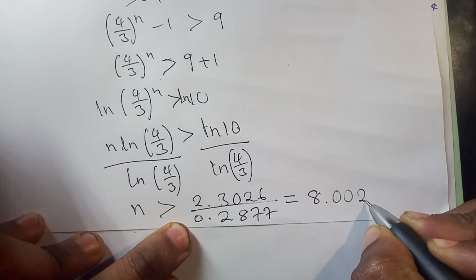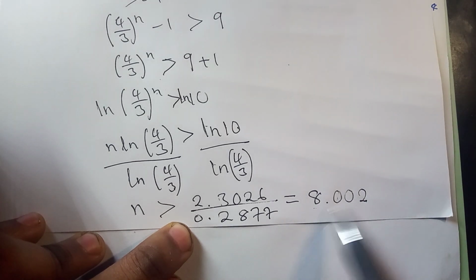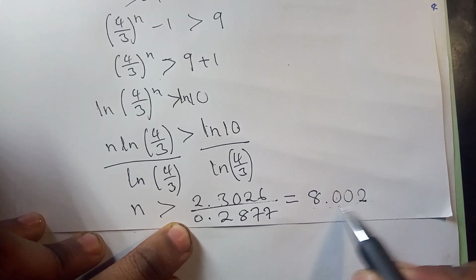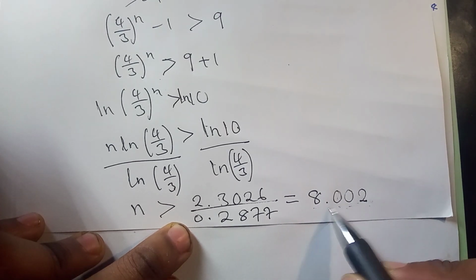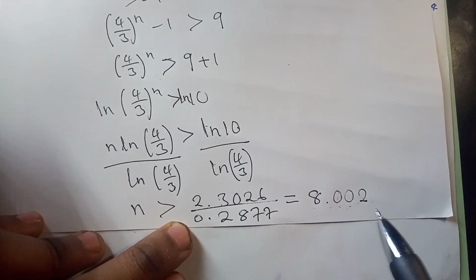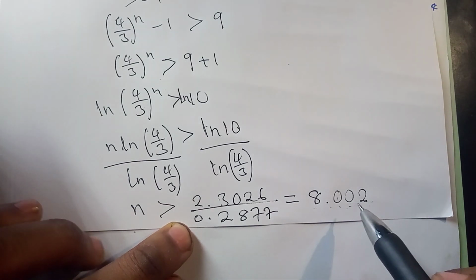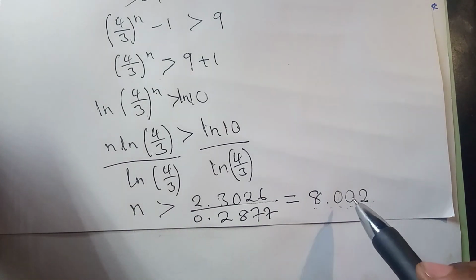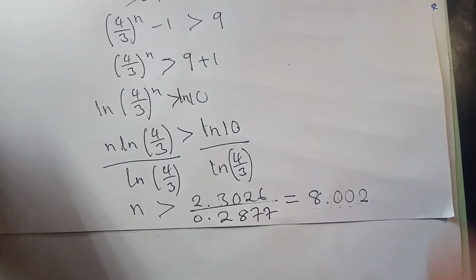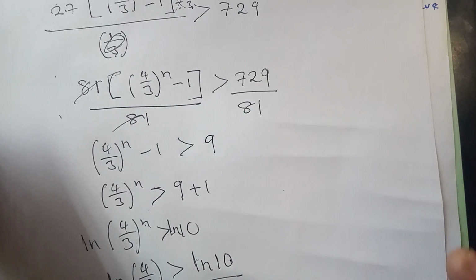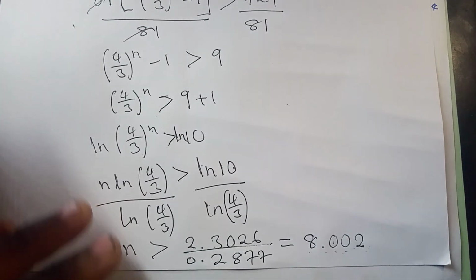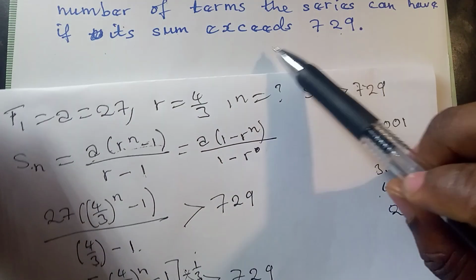And as you can see, this is not a natural number. So you want to make it a natural number, but remember you want to round it up because we want to find the value of n for which the sum exceeds this.